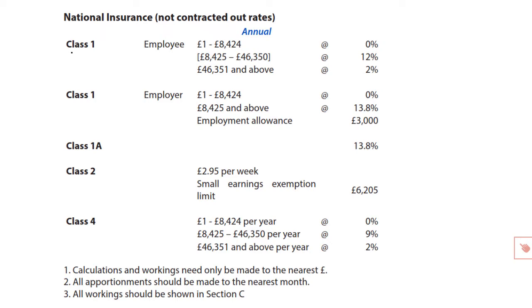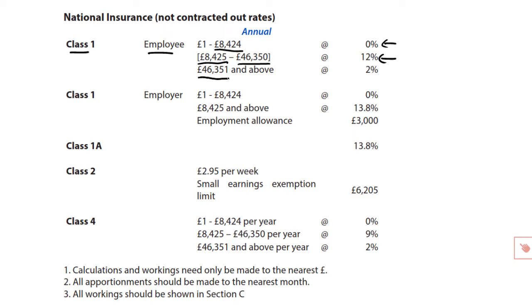So here in relation to Class 1 employee, there's your 8424 limit up to which there is nothing to pay. There is your lower limit and your upper limit for this purpose. Any earnings, any cash earnings between those lower and upper limits, we pay at 12%.